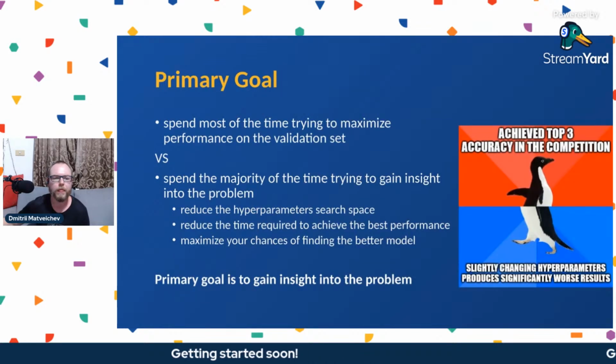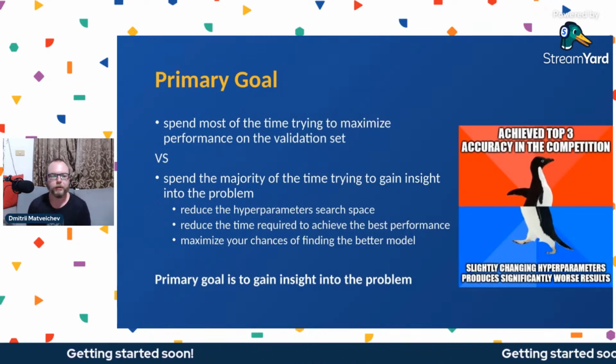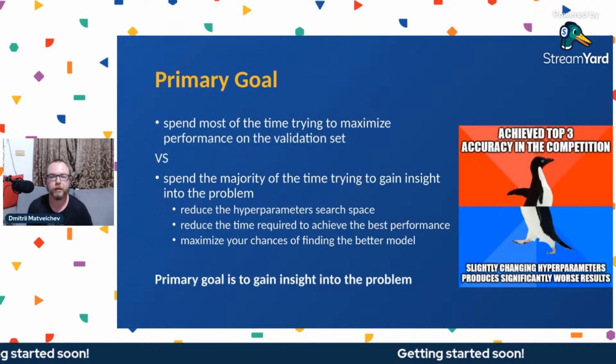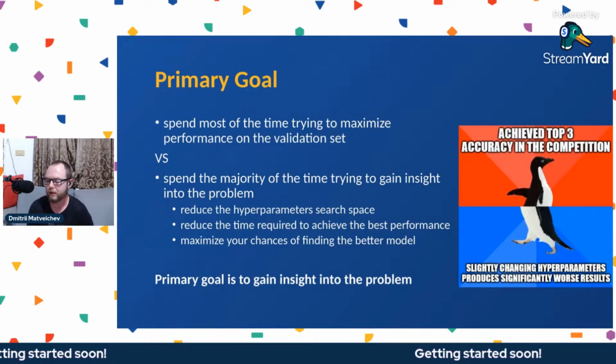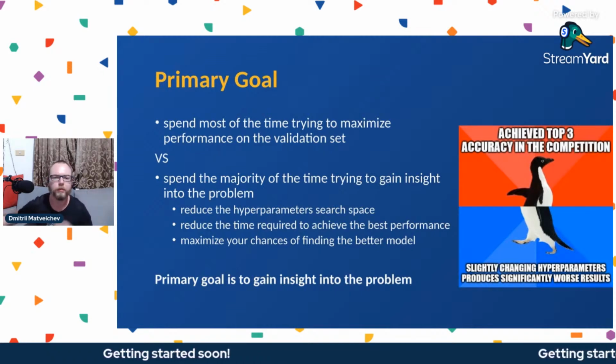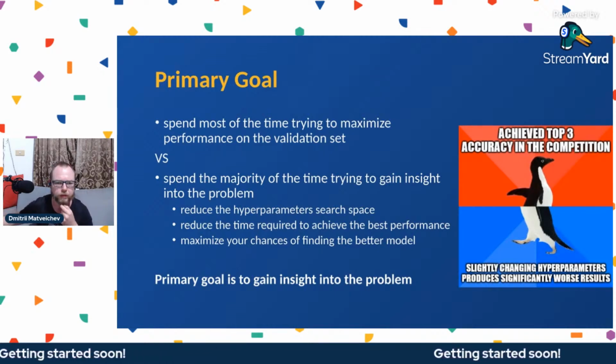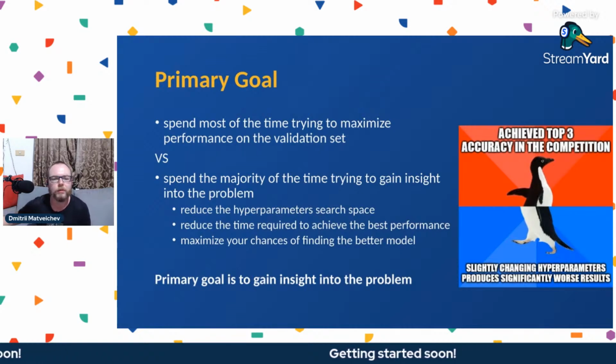Okay. So, primary goal. With the most commonly used tuning strategy, the primary goal will be just to try optimizing or maximizing the performance of the model on a validation set or test set as fast as possible, by just random search or by Bayesian search. The problem with this approach is that you can end up in a situation like this penguin.